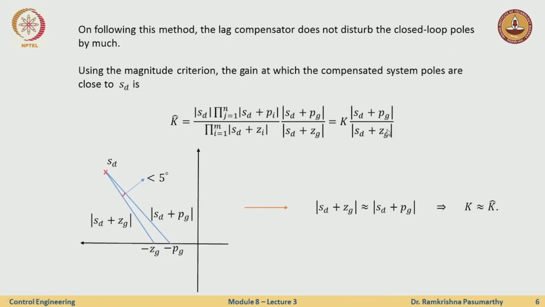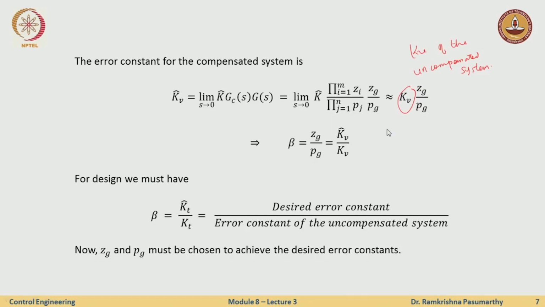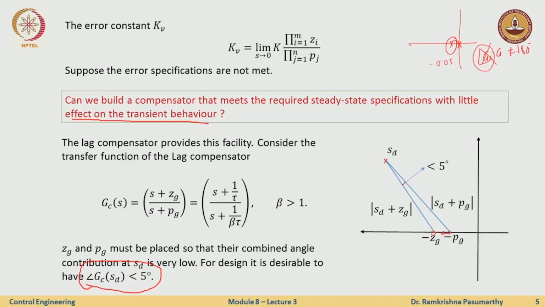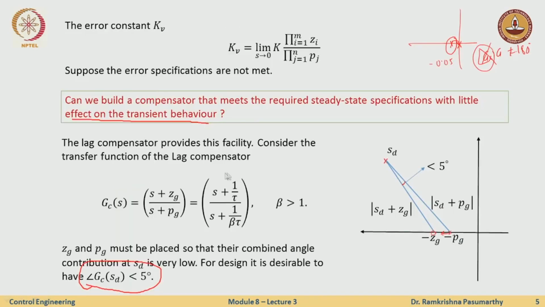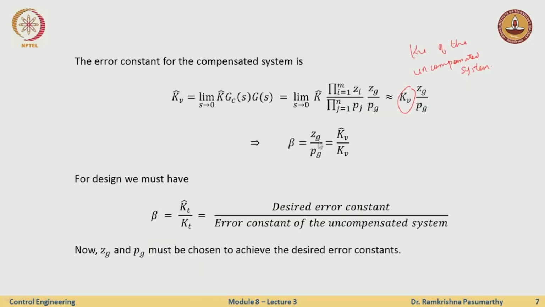Okay. Now when I were to design this compensator, I am now worried about what is the location of these poles and zeros. Okay. And one of the factors that was deciding was this beta. Beta is an unknown and tau is the other unknown. Okay. kV of the compensated system is related to the kV of the uncompensated system via these two numbers, Zg and Pg, and based on this construction of the compensator, Zg by Pg is beta. Okay. Now I know how to find beta, right.